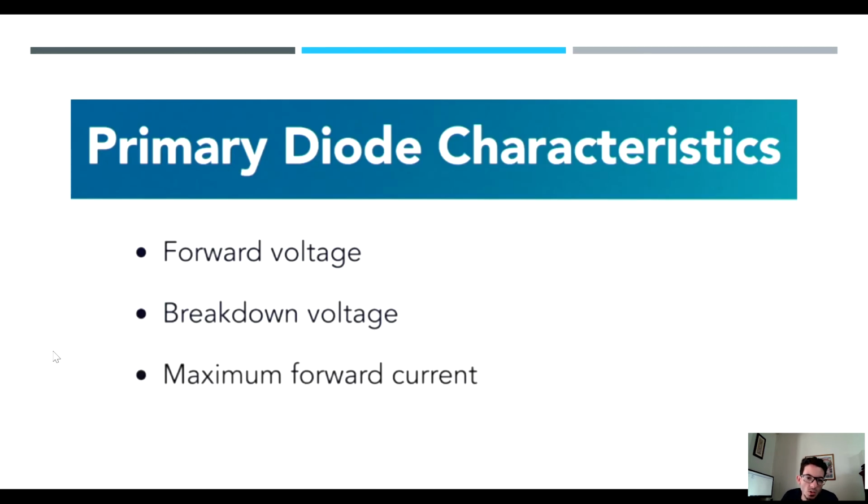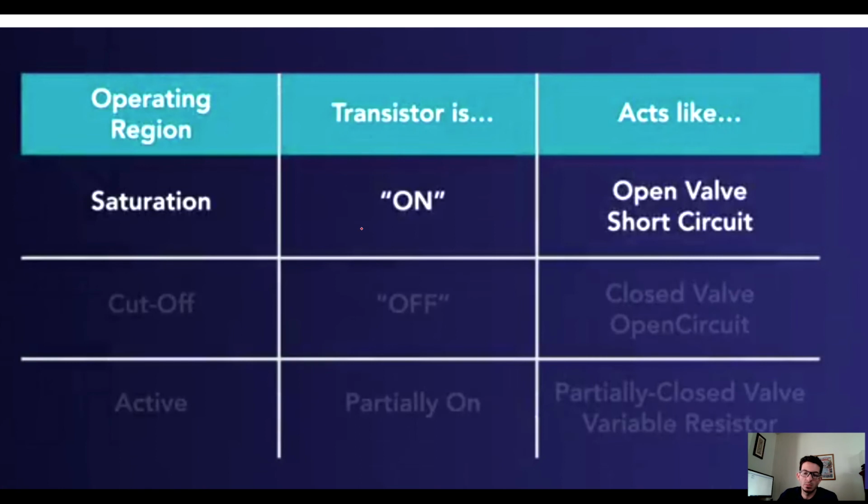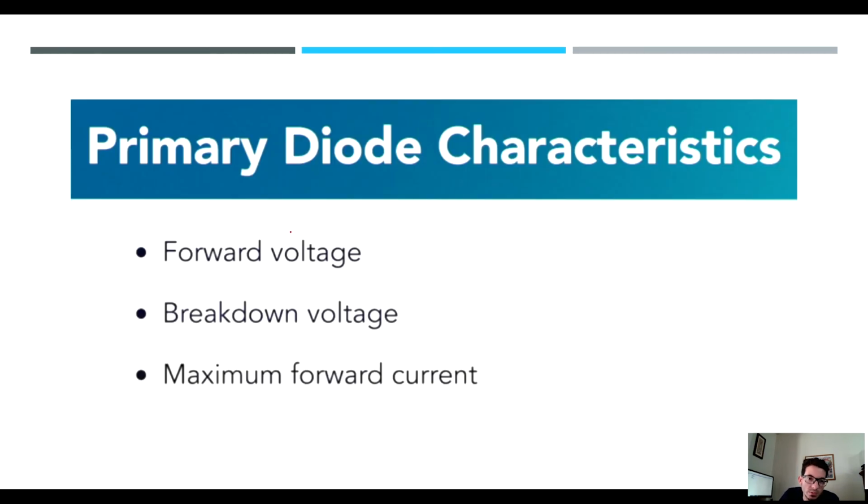When you size or when you need to buy a diode, the three main characteristics that you have to look for are the forward voltage, which is the voltage at which the diode activates, and the breakdown voltage.